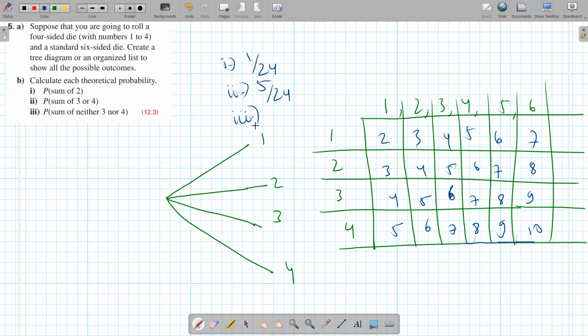So you can either count the remaining or you can do 1 minus this. So 19 out of 24. Yeah, good. Perfect. That's all there is to this one.